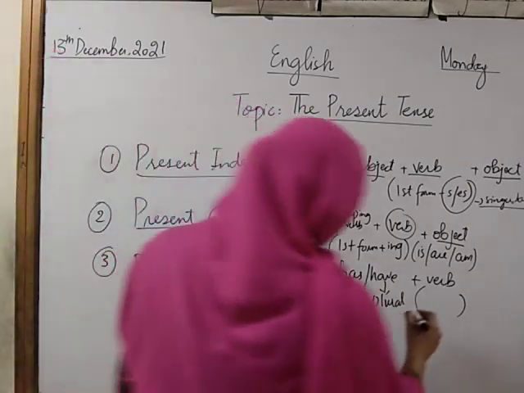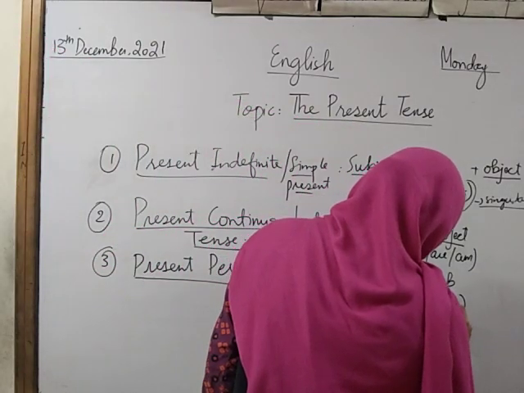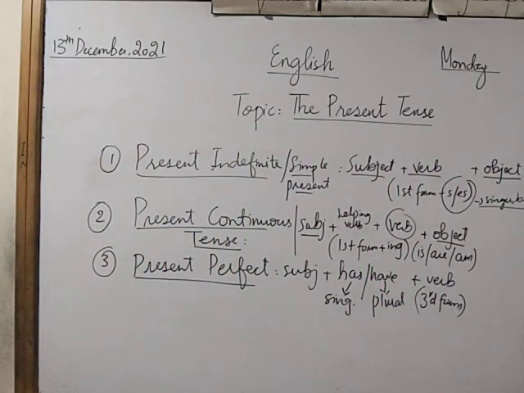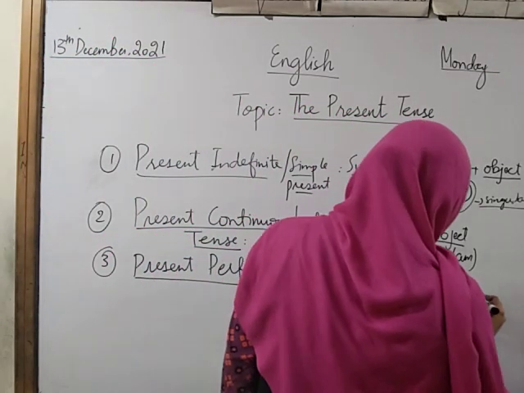We use the third form of verb. Always remember that has, have, had, they always have the third form of verb after those helping verbs. And then as usual we have our object.